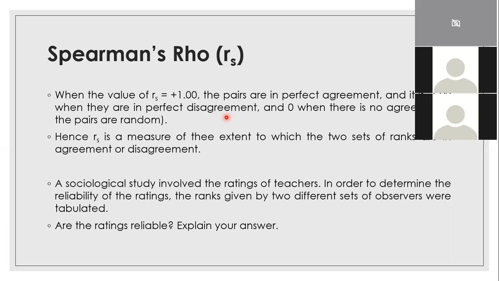And so if it's 0, then there's perfect disagreement. There's no relationship between those. There's no association between those pairs of values. And so it's a measure of the extent to which the two sets of ranks are in agreement or disagreement. And that would tell you about the level of association between them.